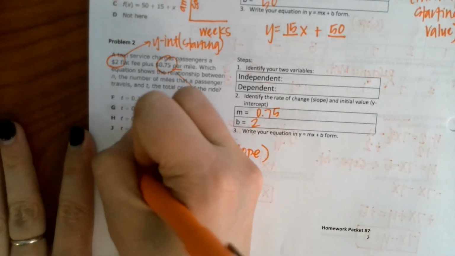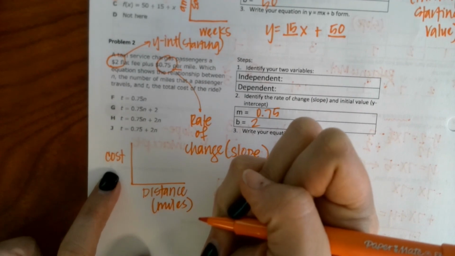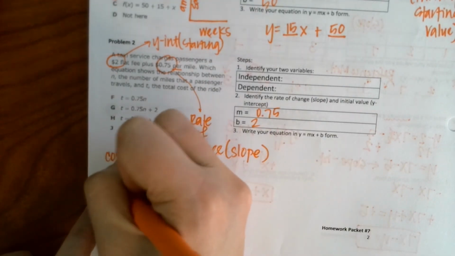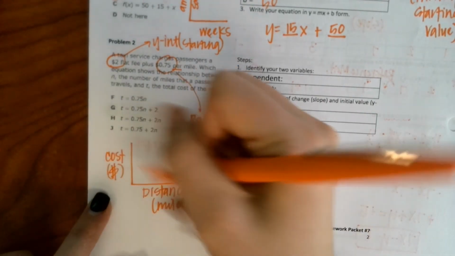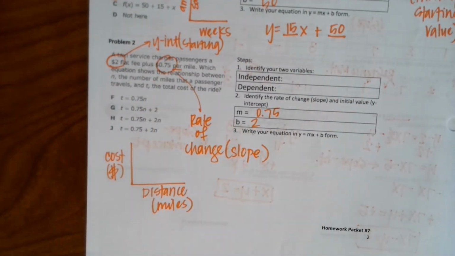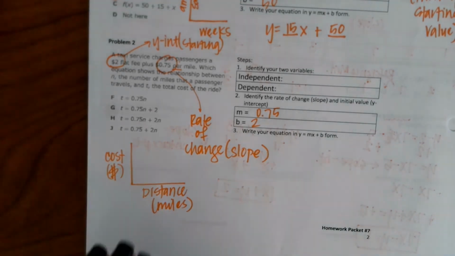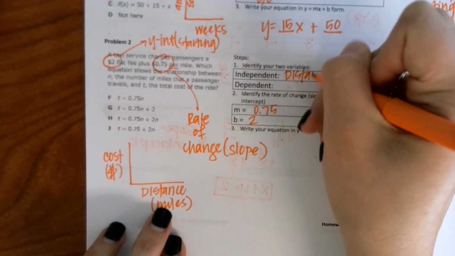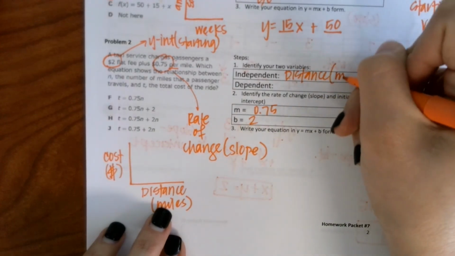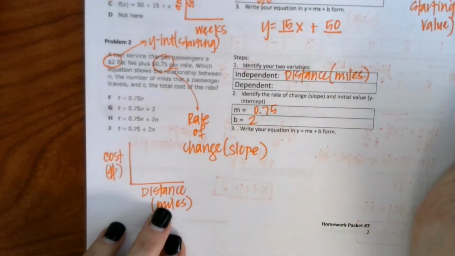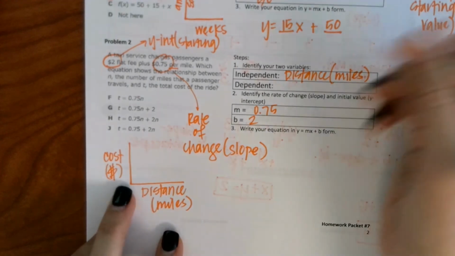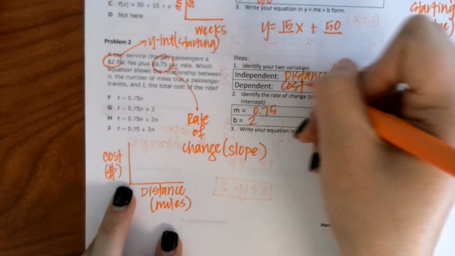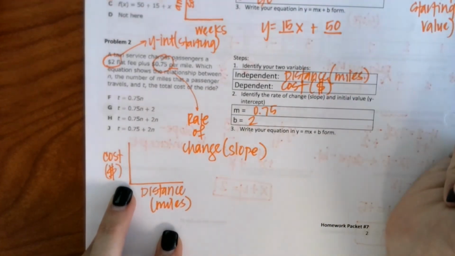What's my cost going to be measured in? Dollars. Excellent, guys. This is the trickiest part. Identifying your independent and your dependent variables, that's what we're going to start with first. So my independent variable, what goes on my x-axis, is distance in miles. What's my dependent variable? My cost in dollars.